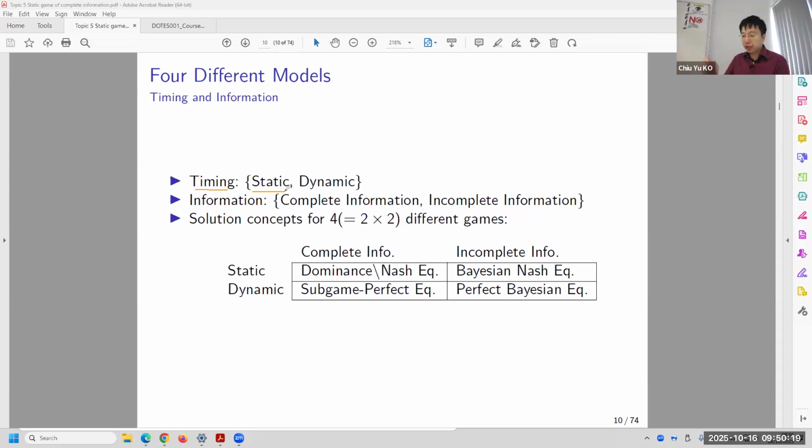Or a mail-in vote: when you vote, you don't know what the other guy chose, and they don't have to vote at the same time. So static doesn't mean the same time, it just means that when you make the decision, the other guy doesn't know what you're doing, and you don't know theirs either. Dynamic means we drop the assumption of moving at the same time. You might or might not observe what other people have done, okay?